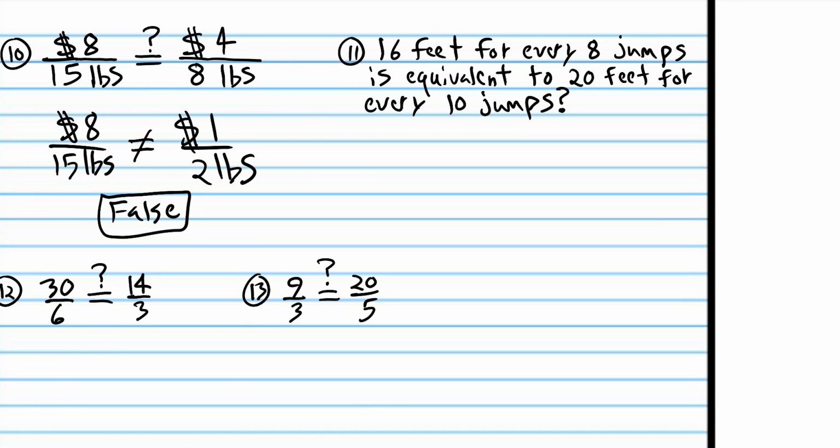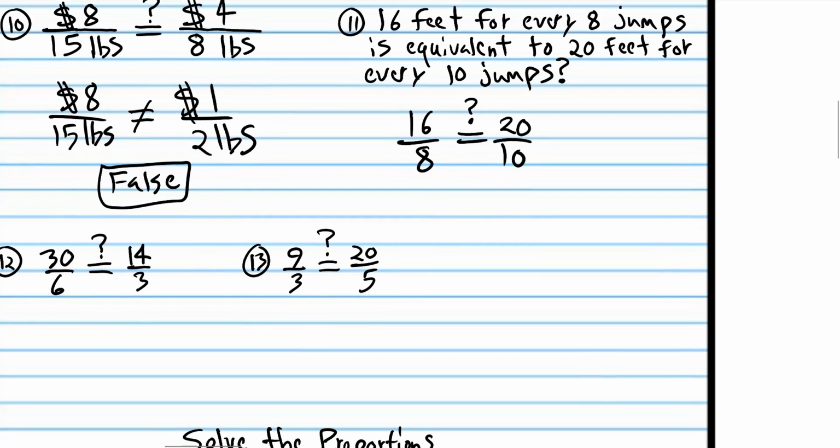All right, number 11, 16 feet for every 8 jumps is equivalent to 20 feet for every 10 jumps. So in that case, what we have to do is we just set up a proportion. 16 over 8 is equal to 20 over 10, and we put a question mark because we don't know if that's true. We're going to try to prove that that's either true or false.